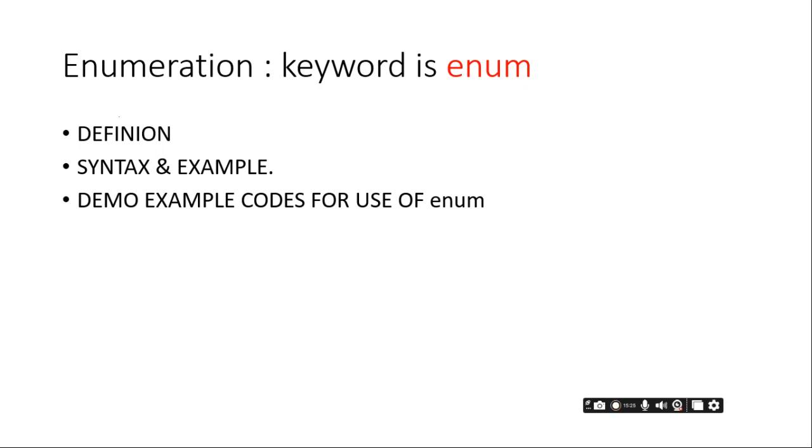Enumeration, that is electronically numbered. That's why that keyword stands for enum. It is a single whole word. It can be asked as a definition. Its syntax and example can be asked for 2 to 4 marks, and some demo code for usage of enum.